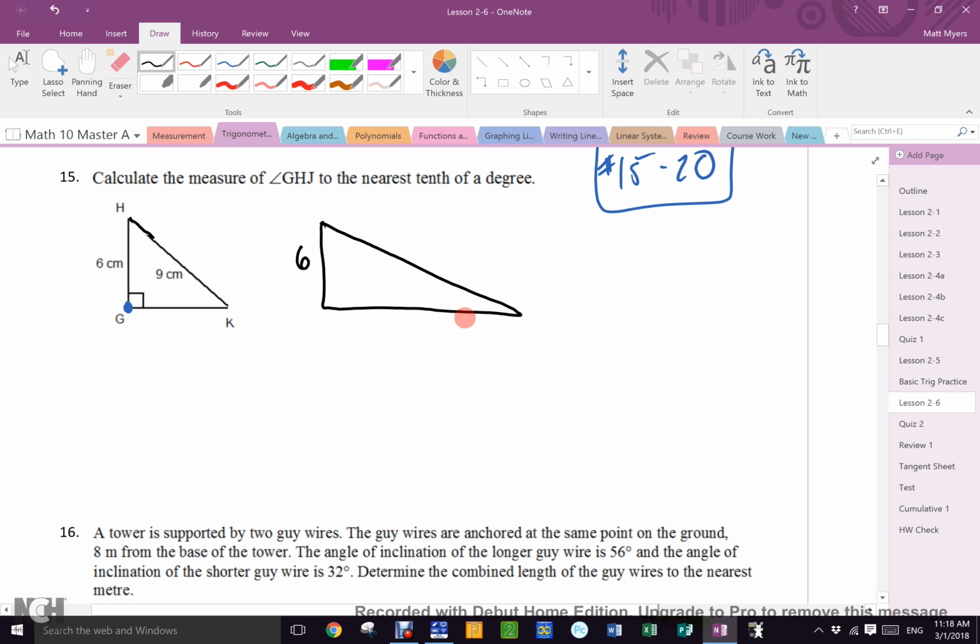Oh, and this down here was 4, I believe, yes? That's 4. Does that help? Knowing that that is that.